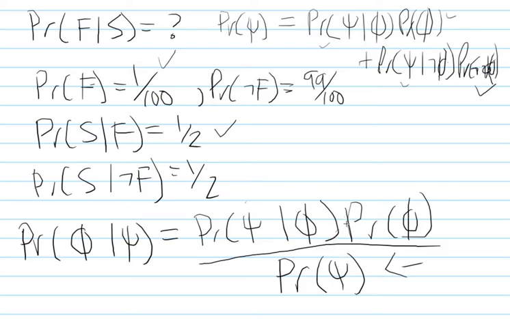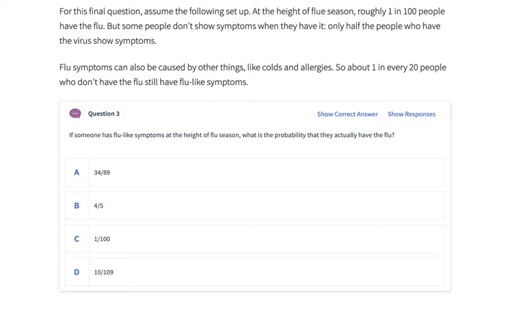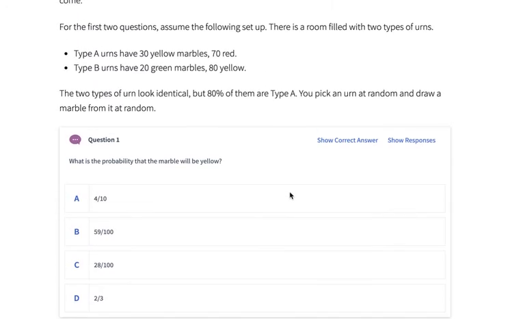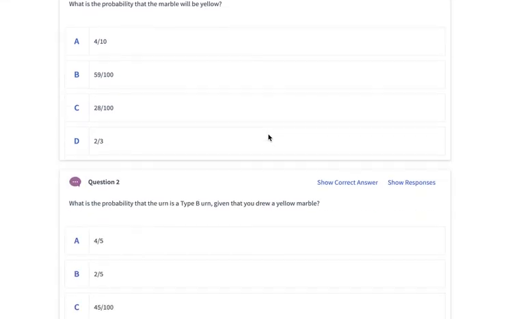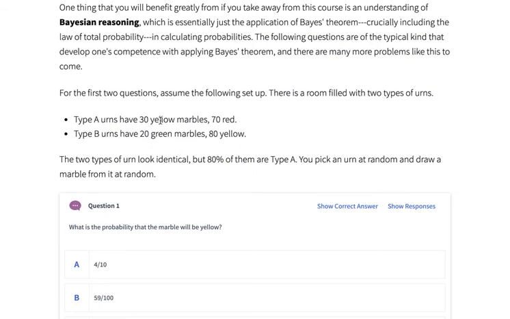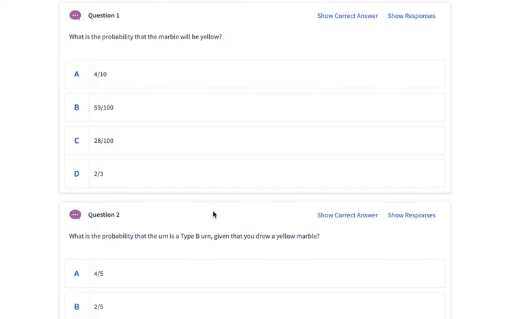Now I want to make one quick comment, which is that these first two questions, right? Question 2 asks us about this fancy setup with pulling marbles from possibly two different types of urns, and wondering what the probability is that you're drawing from one type, given that you've drawn a yellow. So to answer this question, you have to apply Bayes' theorem.